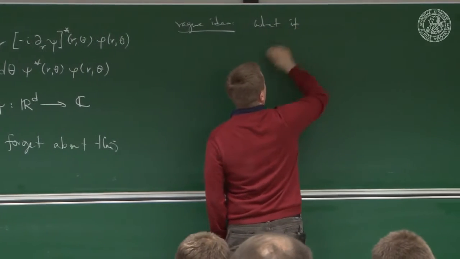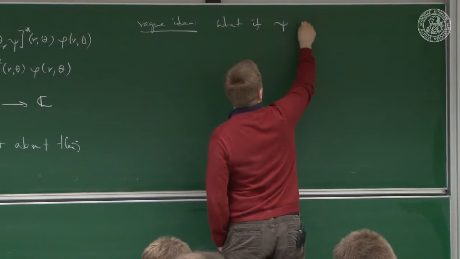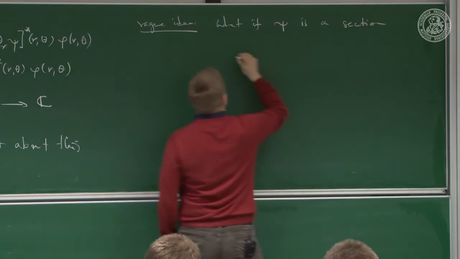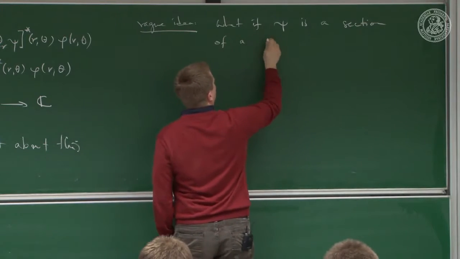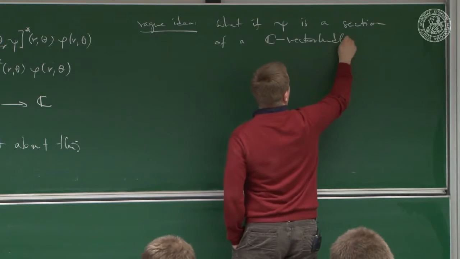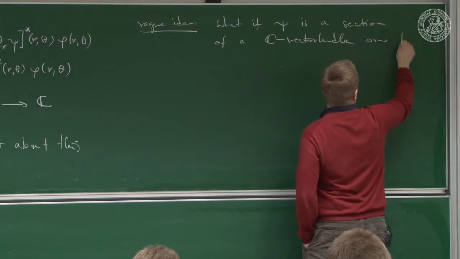What if psi is a section of a C vector bundle over R^d?